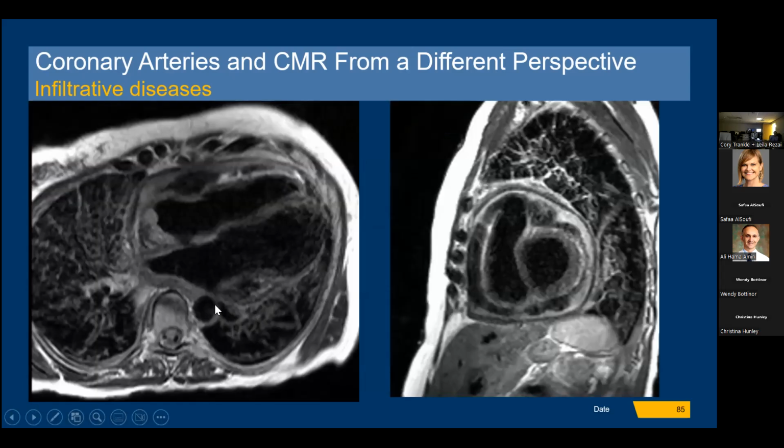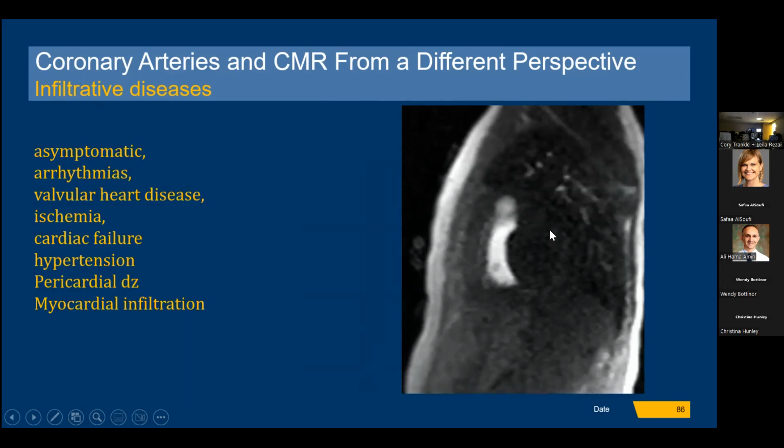Here, on the T2 non-fat sequences, some of the infiltration is hypointense and some of it is hyperintense.